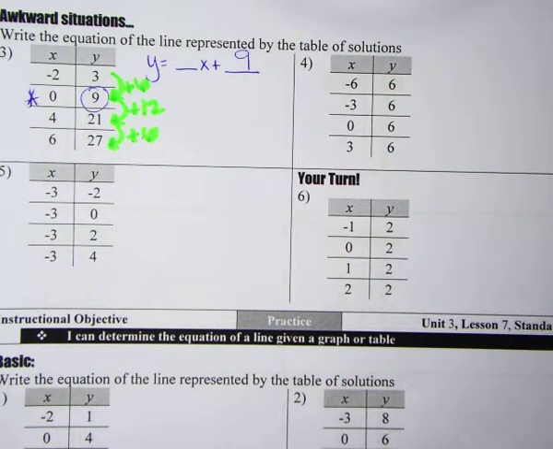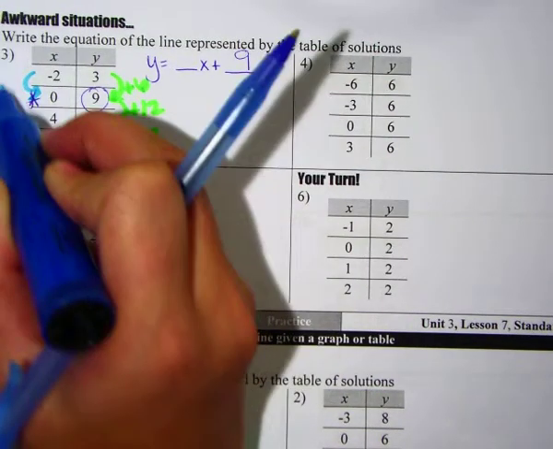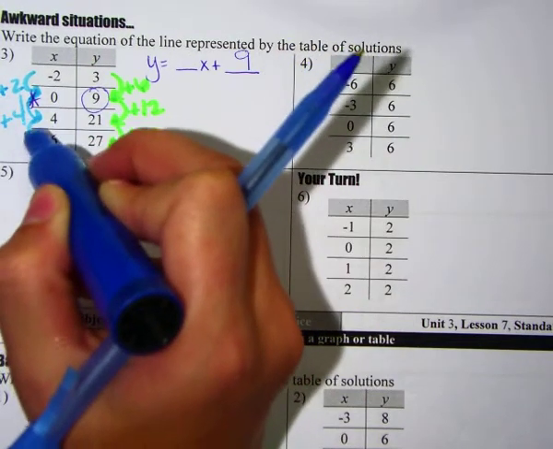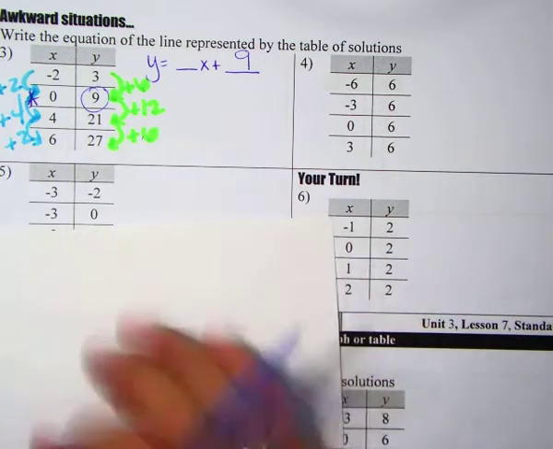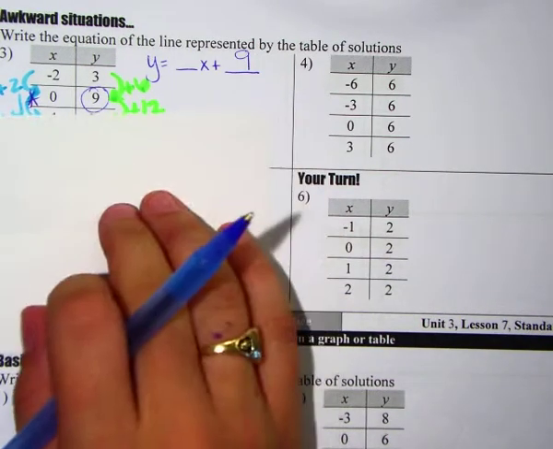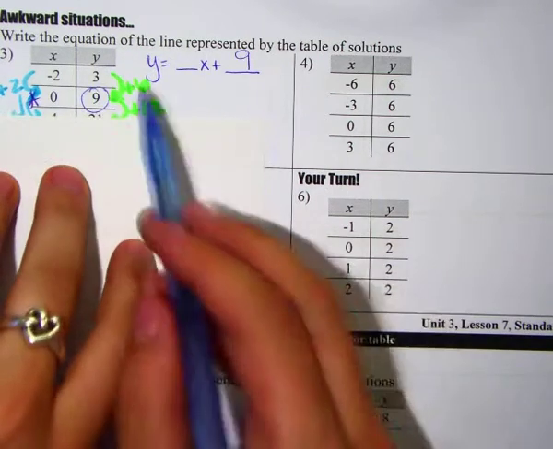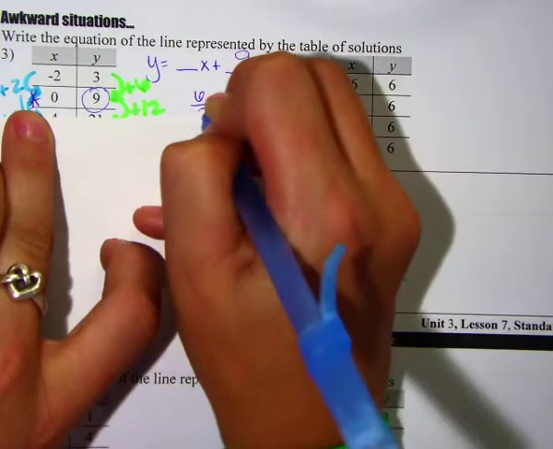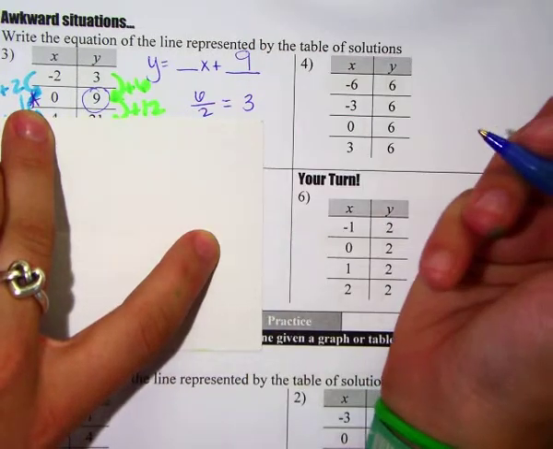Let's look at our x values. The change in my x values from negative 2 to 0 is adding 2. Then it's increasing by 4. Then it's increasing by 2 again. So when this kind of situation happens, just focus on 2 rows at a time. Let's focus on these two. The change between these 2 points is up 6, right 2. 6 over 2 reduces to 3.